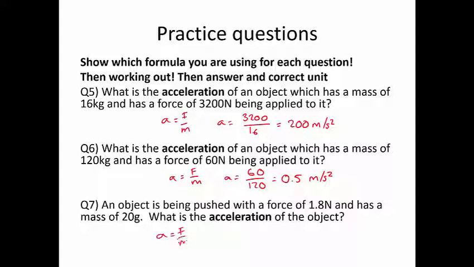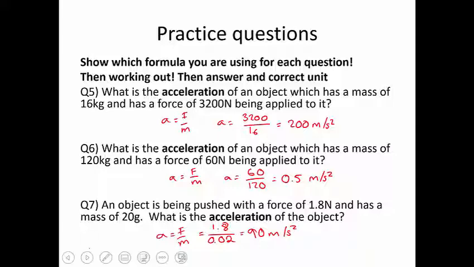Force divided by mass. The force is 1.8. Now the mass, remember, we need to convert for this one. So that's 0.02. And that gives us an answer of 90 meters per second squared.